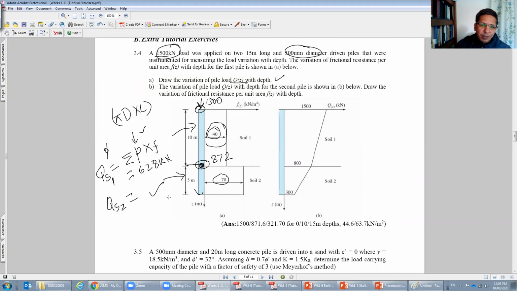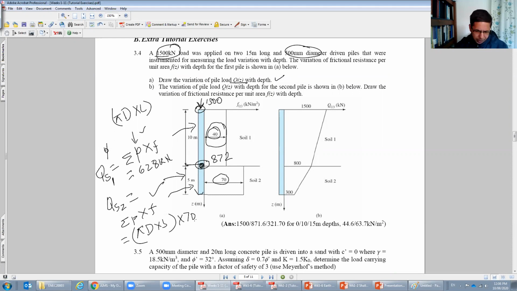And then you can calculate the friction from the second pile also. Can you do that now? Sum of perimeter times F. How much is it? Sum of perimeter is what? Can I write now? Pi d times 5, right? And then F is 70. So how much is taken away by that?